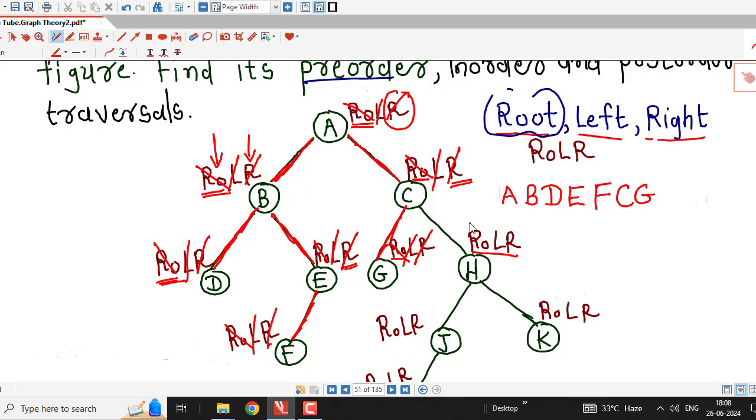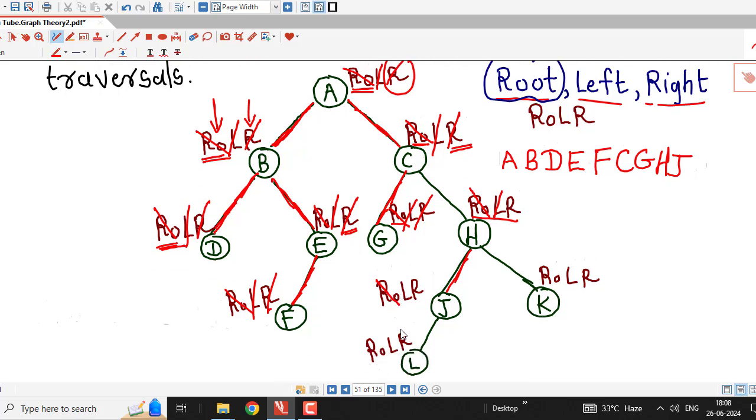Here we process H first, we cancel that arrow and we write H. Then next operation is left subtree of H, so we cancel this L and we go towards the left side of H, and here we have root J, so we process J, we cancel this, and then next one is left subtree of J, so we cancel this and we process in this direction.